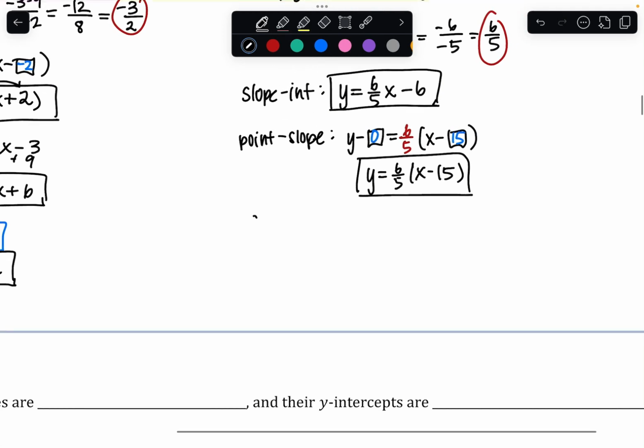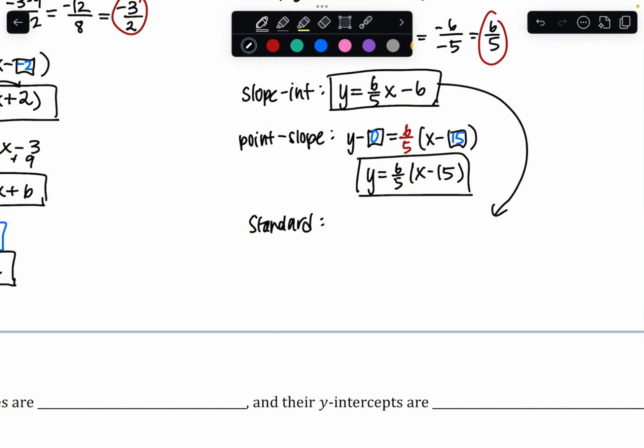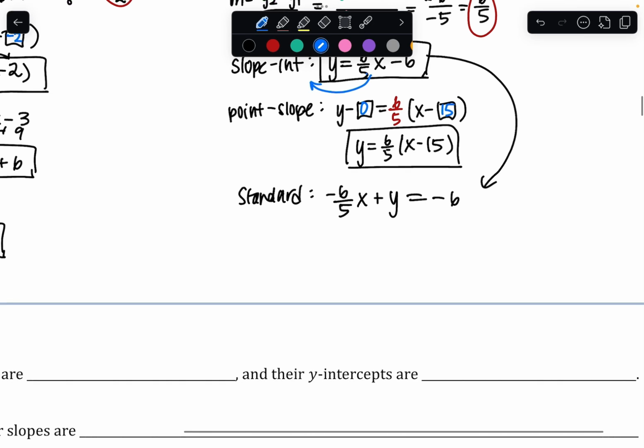All right, last, we get standard form. I'm going to start with slope-intercept form, move the x to join the y, so now it's -6/5 x plus the y equals -6. Just taking this x term and putting it on the other side. And then we need to scale this equation by a negative and a 5.